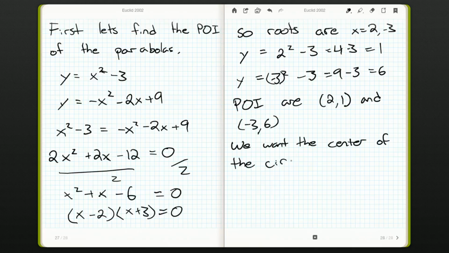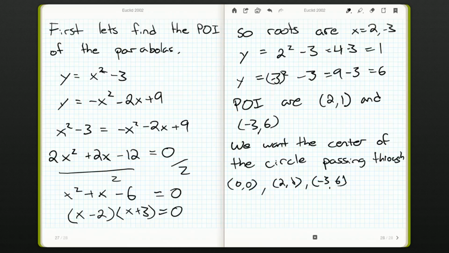So we remember what we're asked for. We want the center of the circle passing through, remember, it was the origin and these points of intersection. Okay. Well, how can we do that?